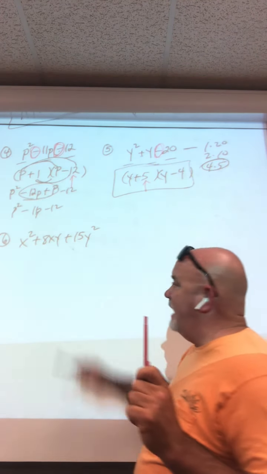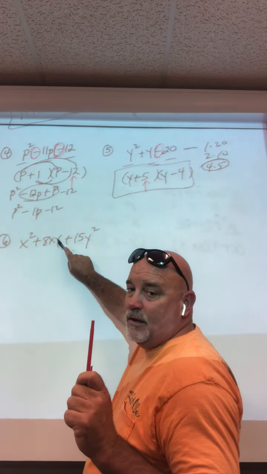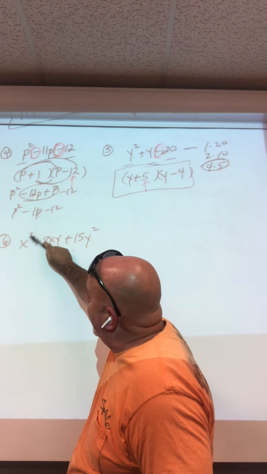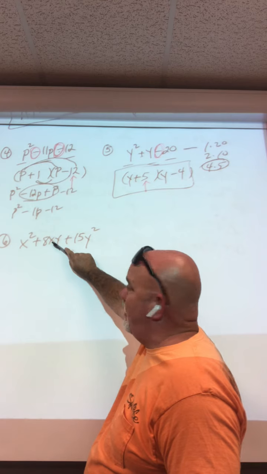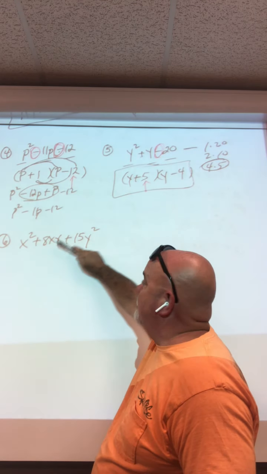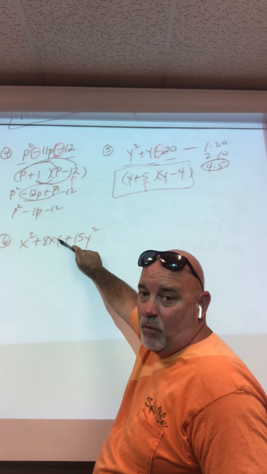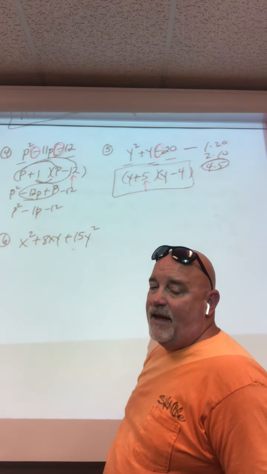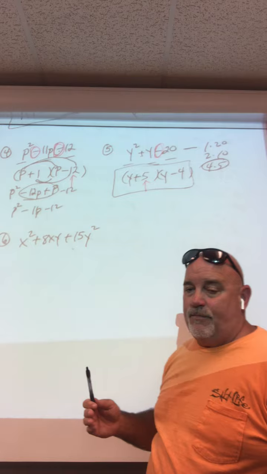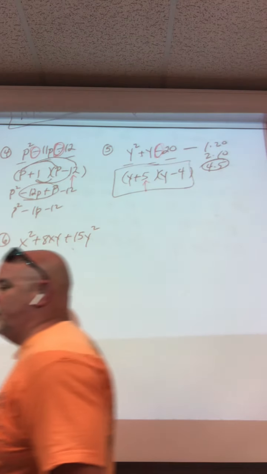That's okay as long as it has a y in the middle. If you have an x squared on this end, what do we always have in the middle? An x. So if you have a y squared on this end, you have to have a y in the middle. That's not going to affect what numbers you choose. I'll show you that when we go through this problem.